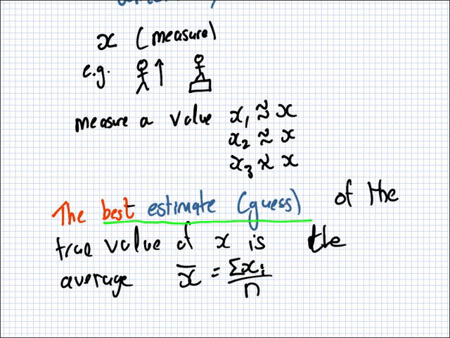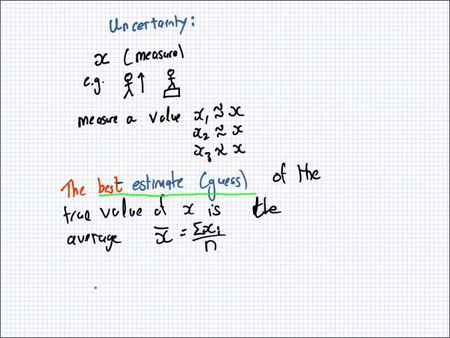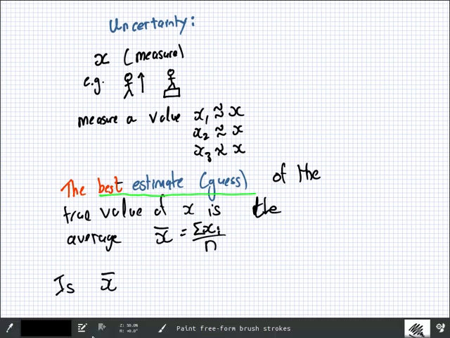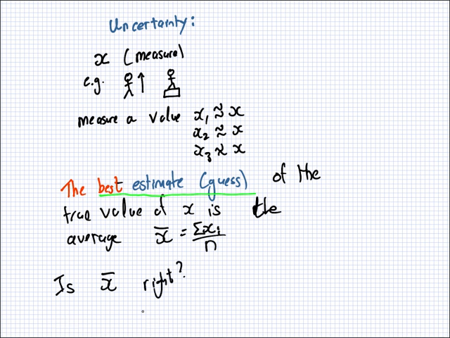It's okay so far? You get the idea? Yeah? Okay. So the problem is, x average, right? Well, no, it's not perfectly right. It'll be close. The question is, how close?